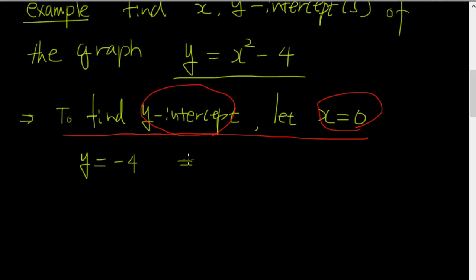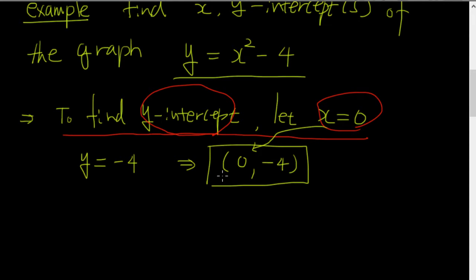So what's the actual intercept point? x equals 0, because that's how we set it up, and y equals -4. That's going to be our y-intercept point.